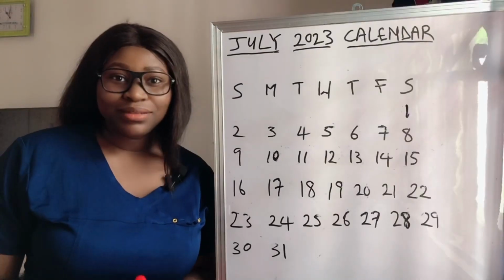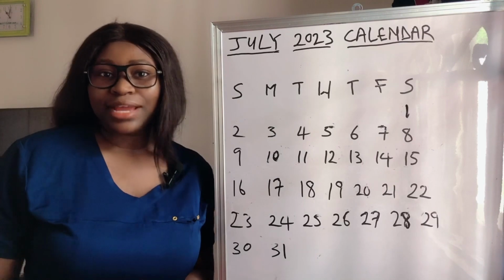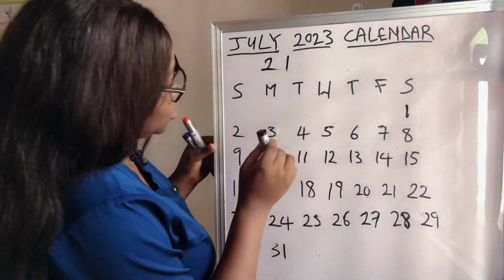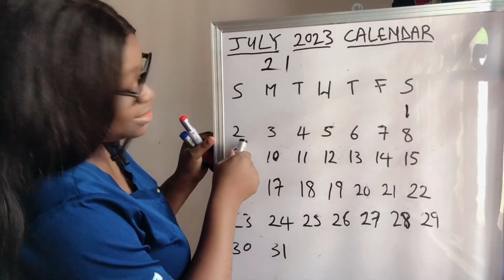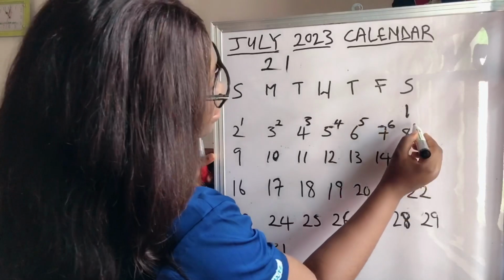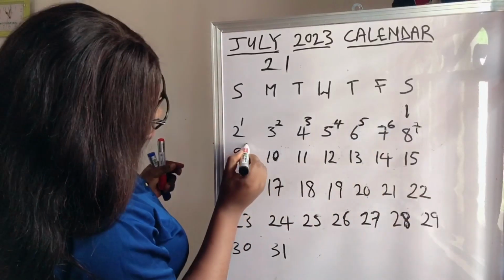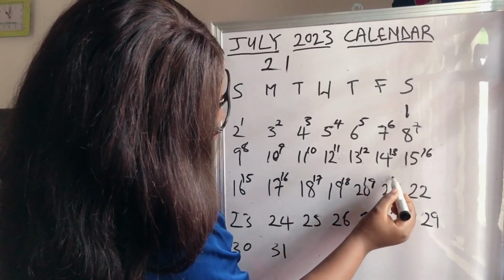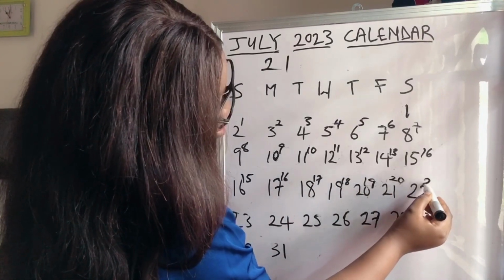For a woman with a 21 days cycle, and she got her period on day 2, so day 2 makes it day 1, day 6, day 7, day 8, day 17, 18, 19, 20, 21.